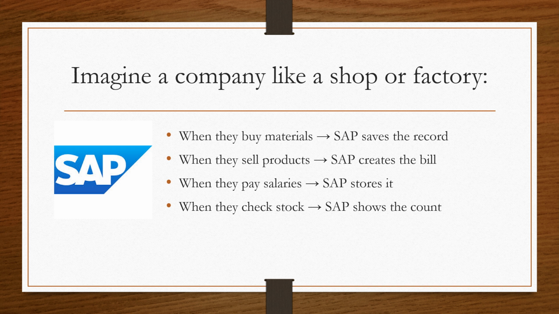Paying salaries is also not an easy calculation. We do not pay our employees just on a monthly basis. Sometimes they get bonuses, sometimes deductions are applied, sometimes we add their arrears or anything.